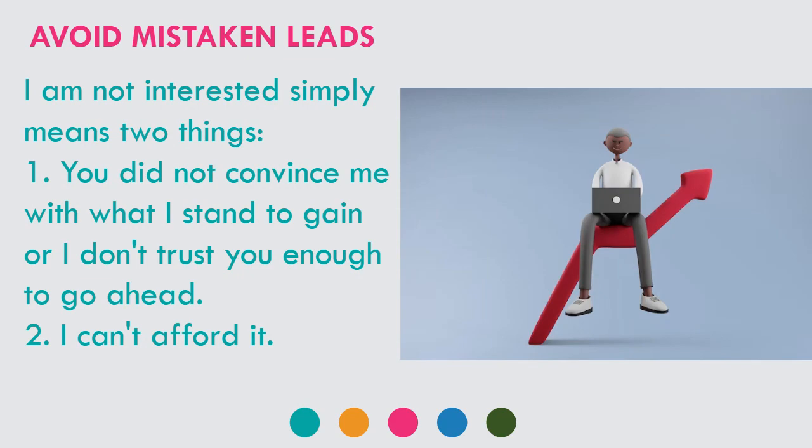Mistaken leads are those that are just scrolling through social media or any part of the internet, and they mistakenly hit your link. If you run an ad to WhatsApp, once they mistakenly click, there is an automated message that asks them, can I find out more information? They just click send, and then you respond to them.